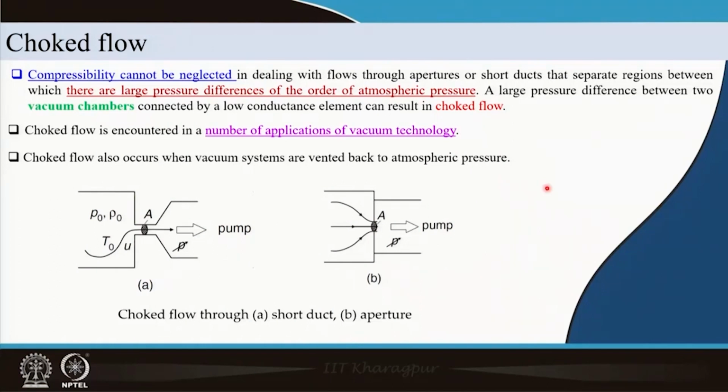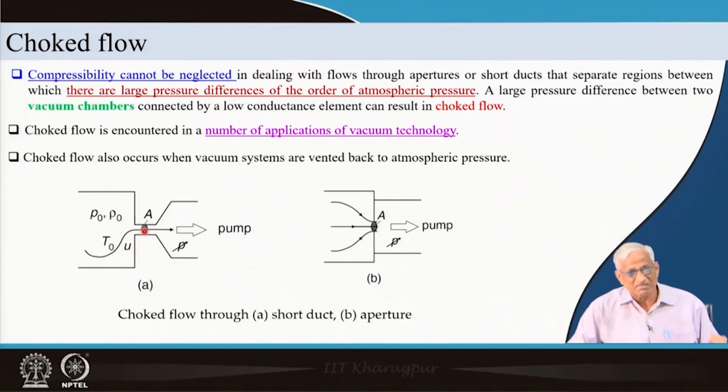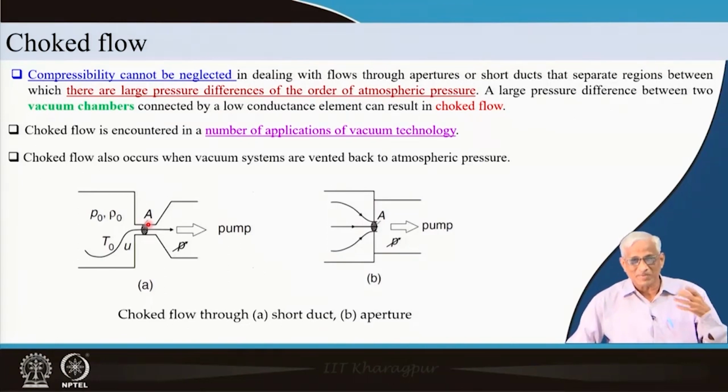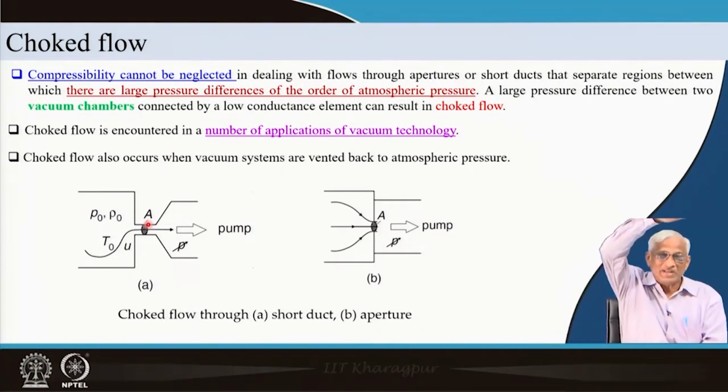What is choked flow? Basically, when there are two zones at two pressures, with the necessary density of the gas, whatever fluid you are taking at temperature T naught, and there is a restriction, though I have shown it here schematically. It is not like a pipe, it is not like a conducting pipe, or a sort of piping network.